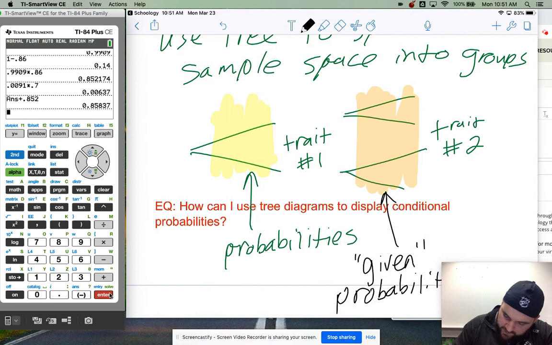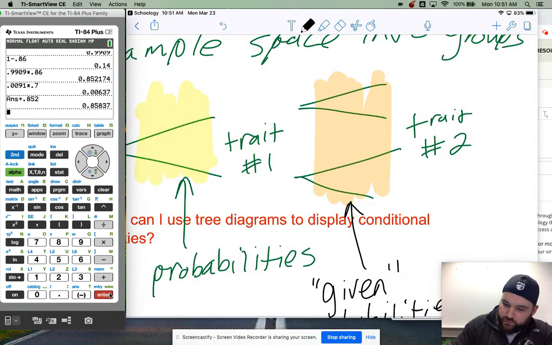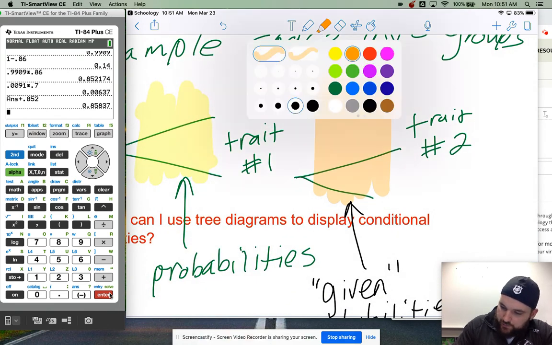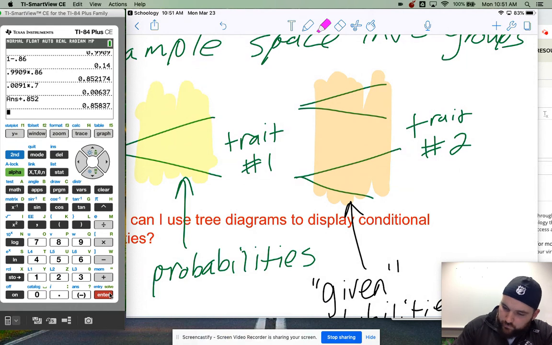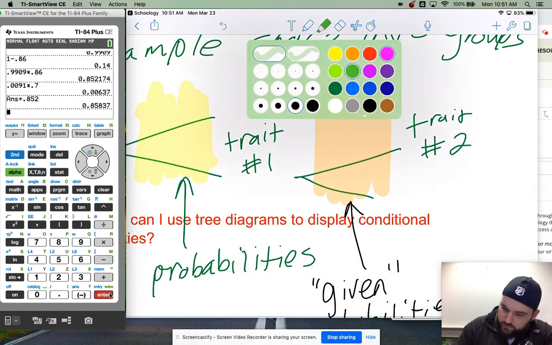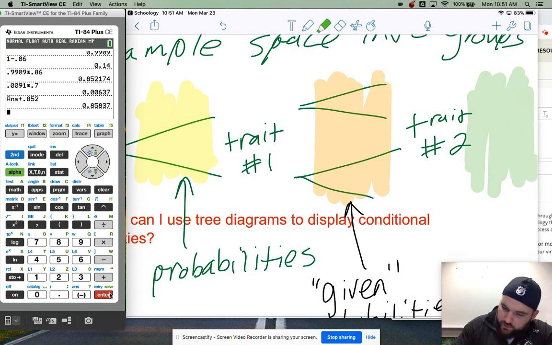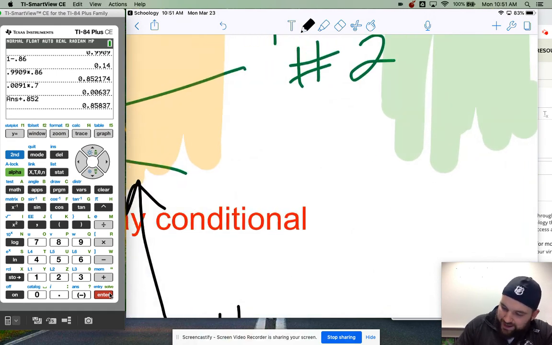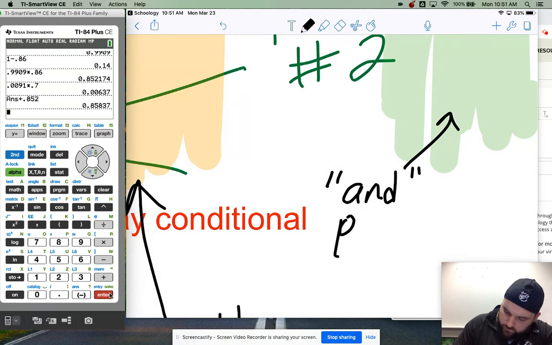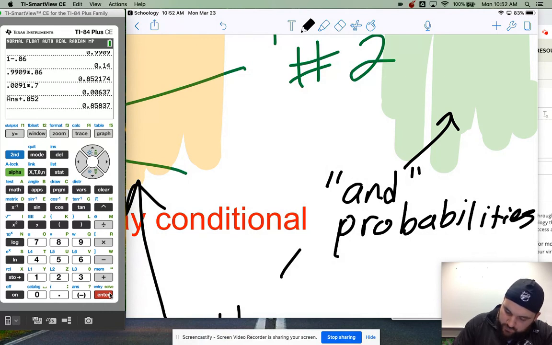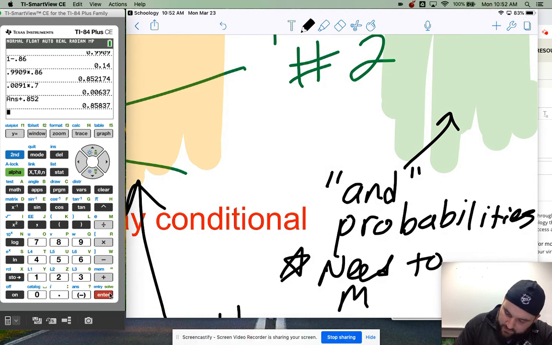And finally, at the end of the tree, if you use multiplication, you will have, let's pick green right here, these will be your quote unquote "and" probabilities. And then I'm just going to make a little note that we need to multiply to get these. These will most likely not be given in the problem.